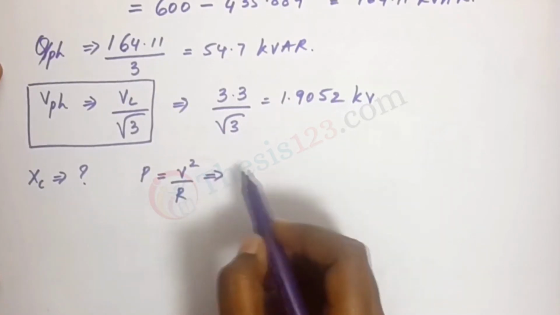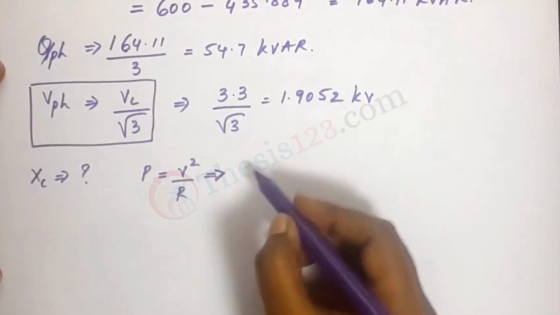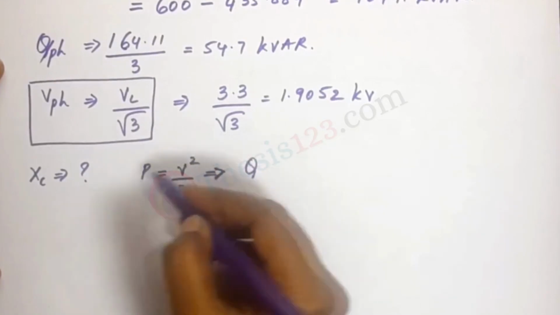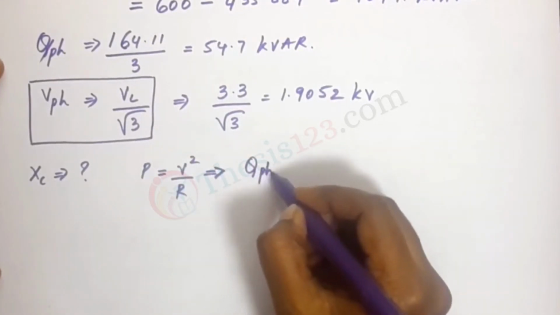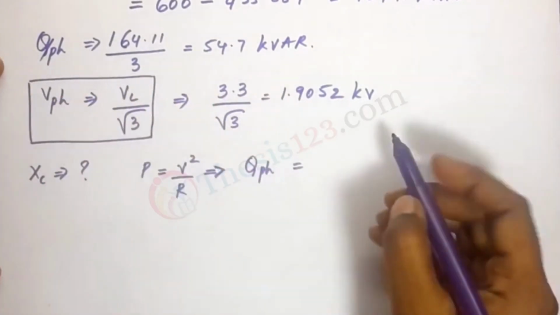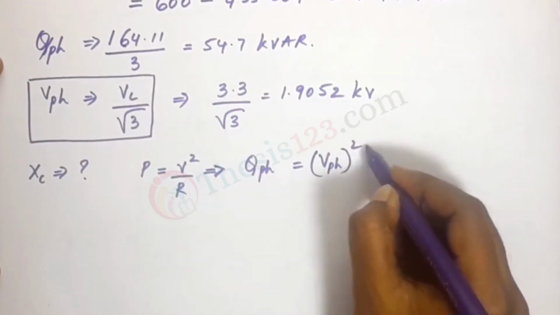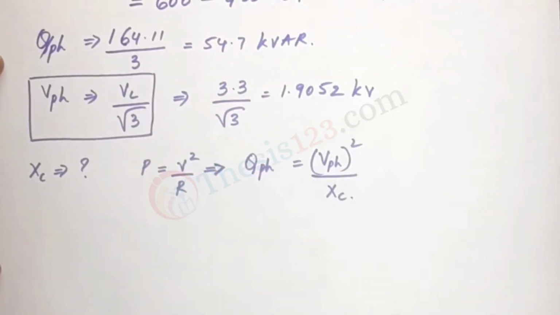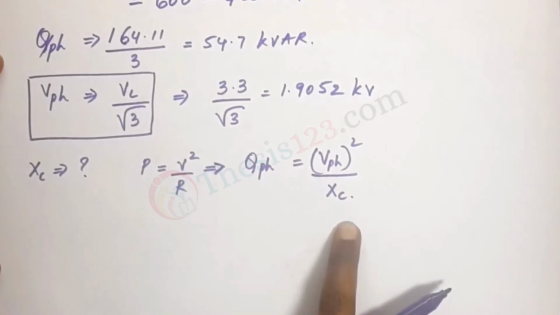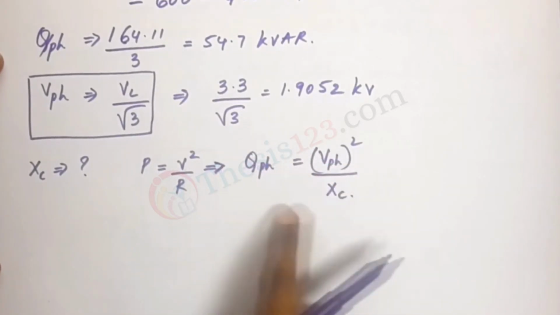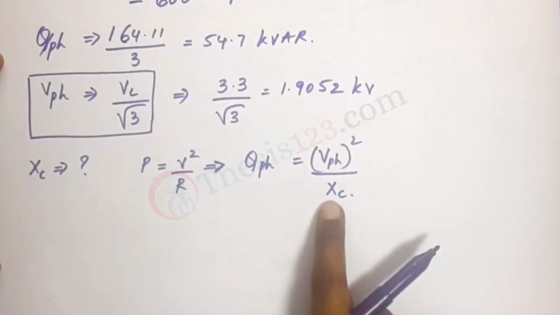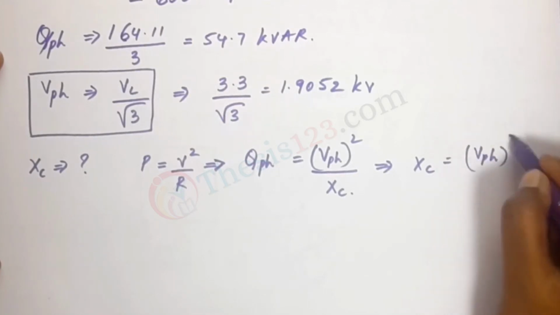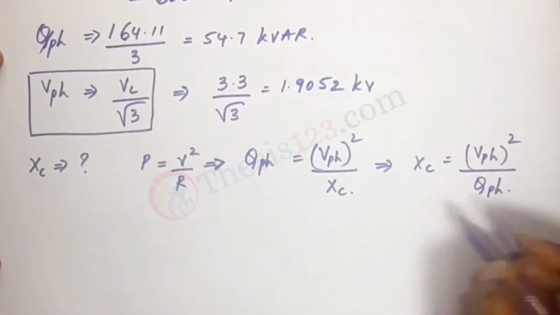So if we were to use the terms that we have in this situation, the power would be reactive power per phase, voltage is phase voltage square divided by R, but in this case XC. I hope you see how we get this equation here. If we rearrange the equation in order to find out what XC is, we get XC is equal to V phase square divided by Q phase.